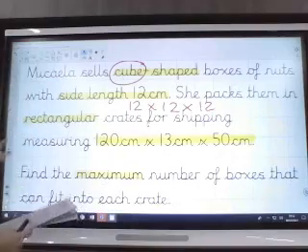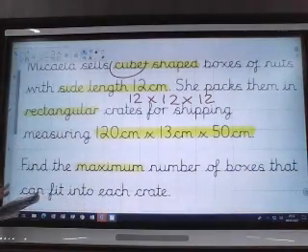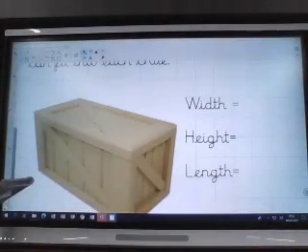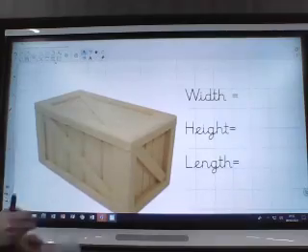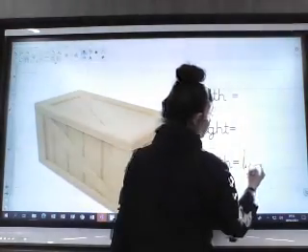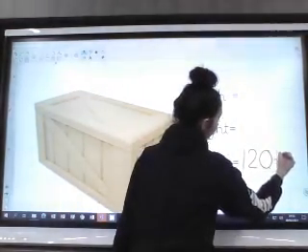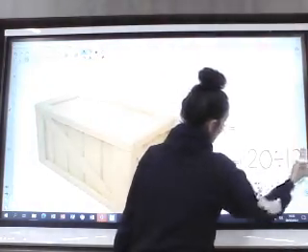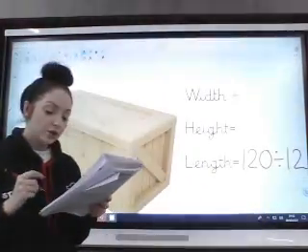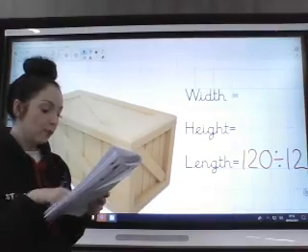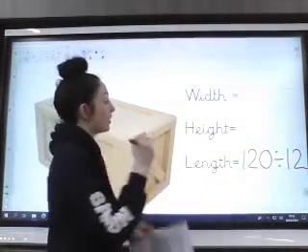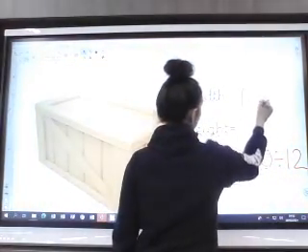Okay. So similar to the question before then. So the length, you would do 120 divided by 12. For the width, you would do 13 divided by 12.